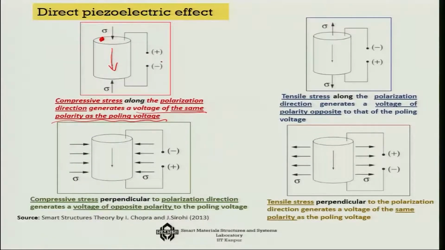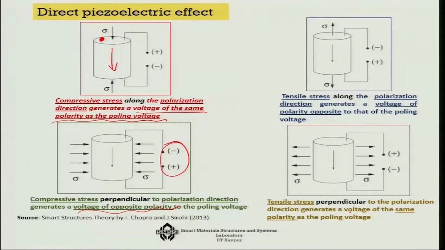So if this is plus and minus, it will generate the same polarity of the voltage. On the other hand, if I apply the same compressive stress not in this direction but in the perpendicular direction, then you are going to get voltage of opposite polarity, because now it is minus in the top and plus in the bottom.